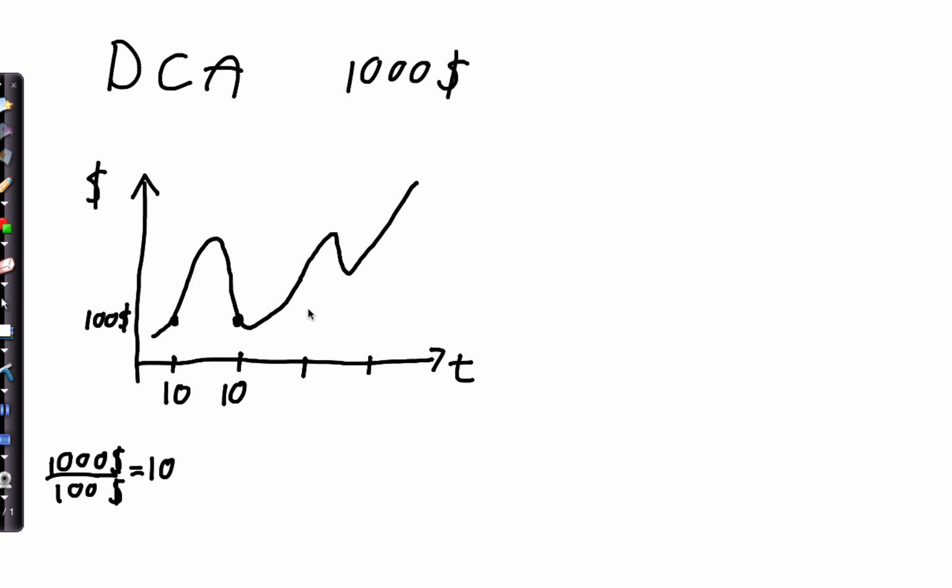And suppose that here, in the third time period, the price is $200. Okay, so how many shares do I buy here? Well, in this case, again I invest 1,000, but now the price is 200, so I buy 5 shares.